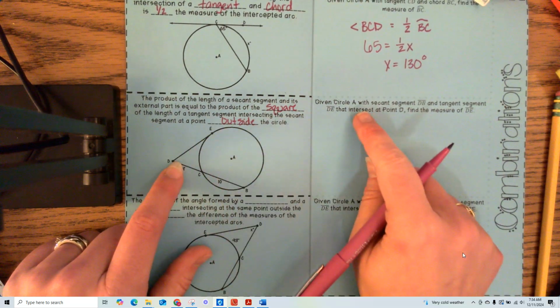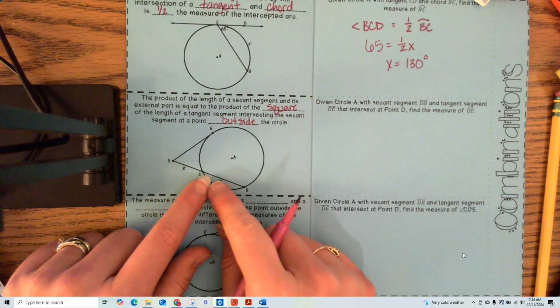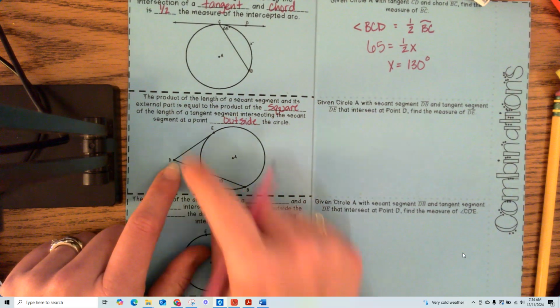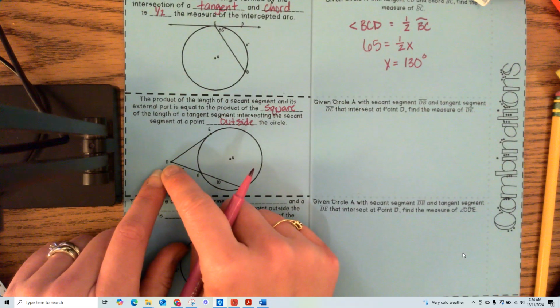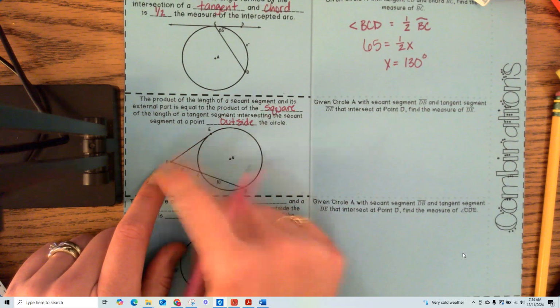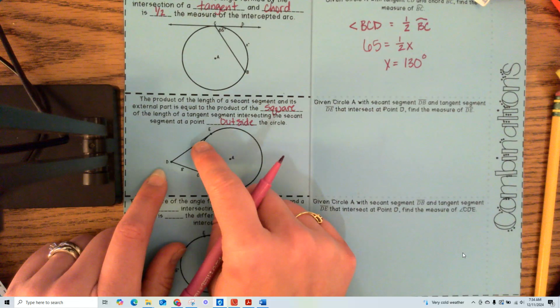Okay, so given circle A with secant DB, so here's DB, and tangent DE that intersect at point D, find the measure of DE. So we're finding the measurement of this part of the tangent.